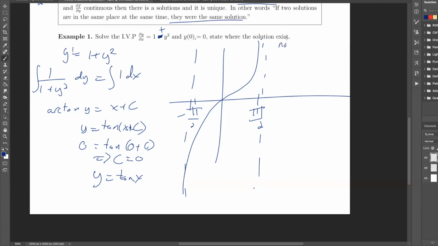So note that y squared is continuous on the entire plane, right?